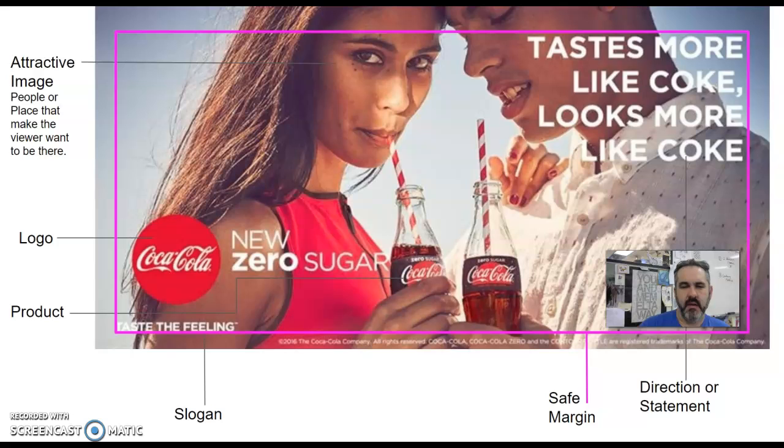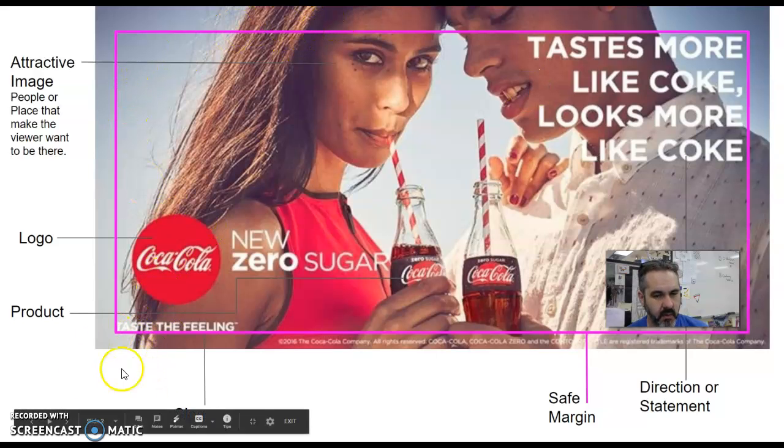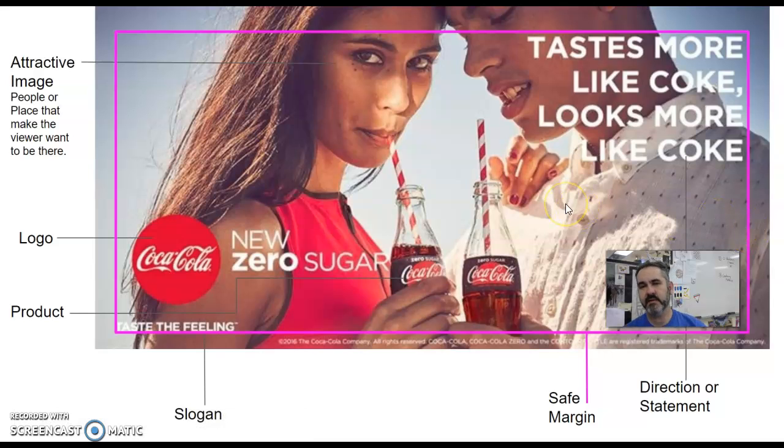But you want to make sure that anything you really want the audience to see and read stays within that safe margin. Now you can see that doesn't apply to the image itself. The image goes all the way to the edge, and that's okay. That's called a full bleed image. A full bleed image has no white space around it, and therefore there's no separation.